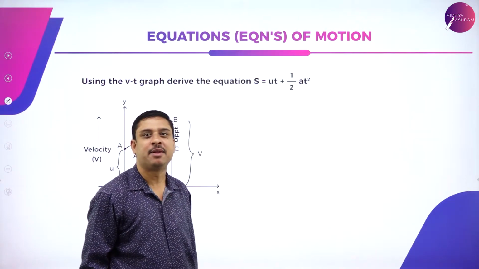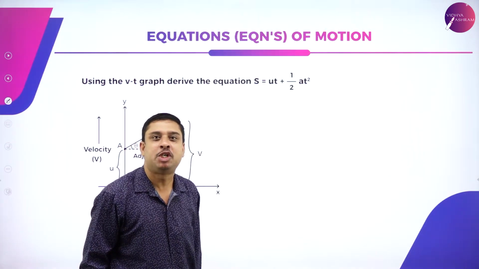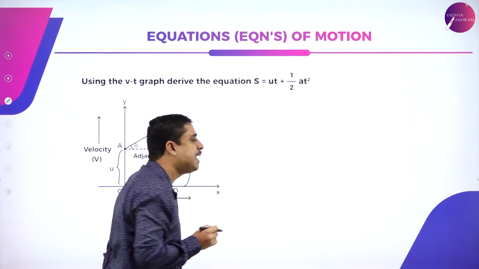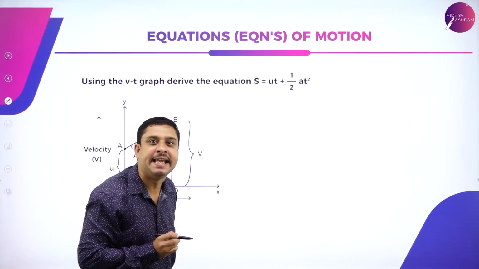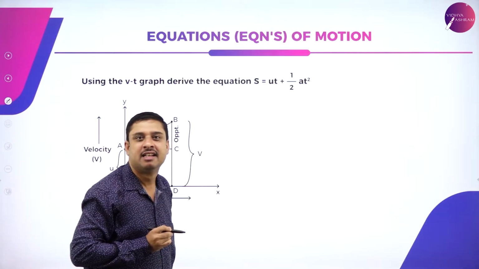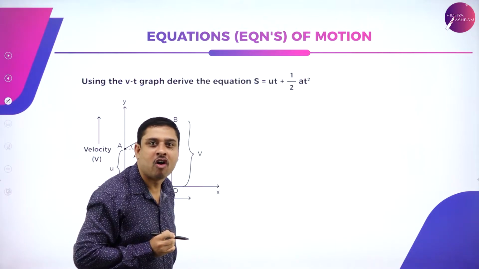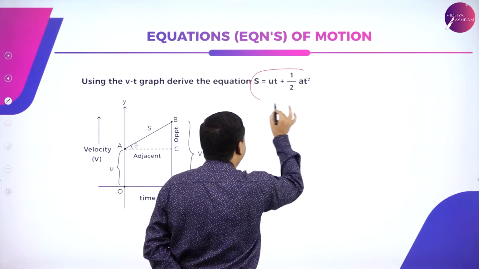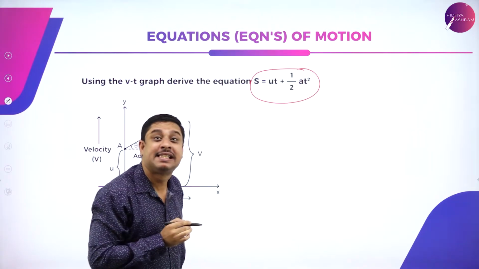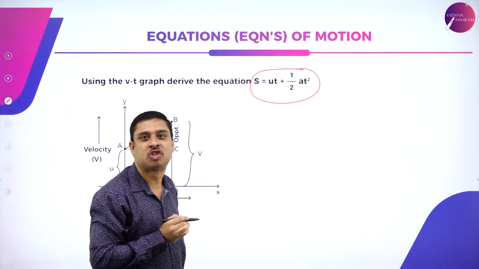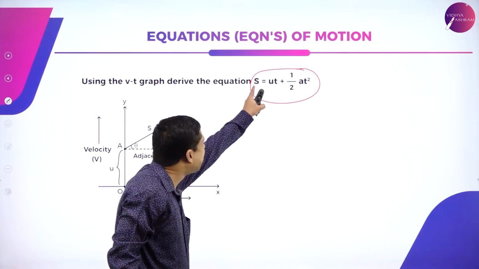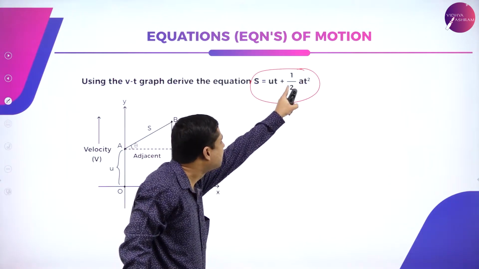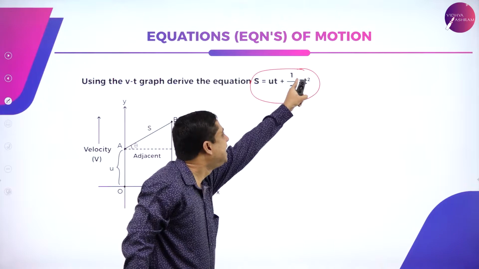Continuing further, in today's session, using the VT graph, the so-called velocity time graph, I will be deriving the second equation of motion, which is s equals ut plus half at square.